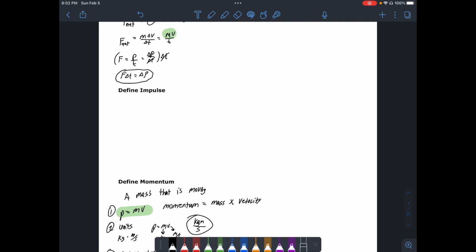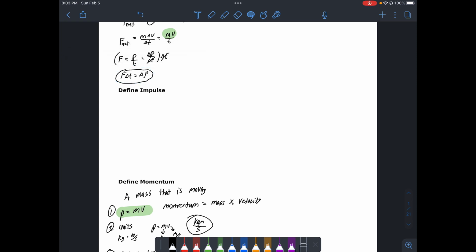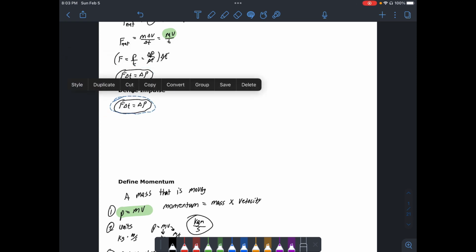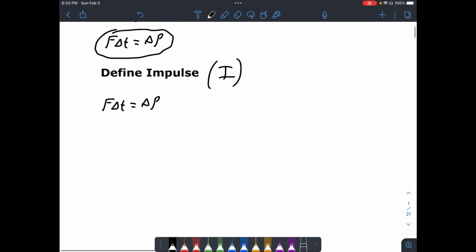But impulse is just going to be this right here. We call impulse, we use the letter I. Impulse starts with an I. This is what impulse is. I equals our force times our change in time, which is also equal to our change in momentum, as we found.